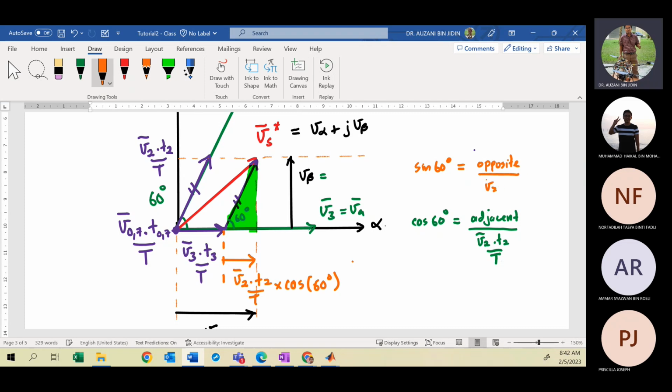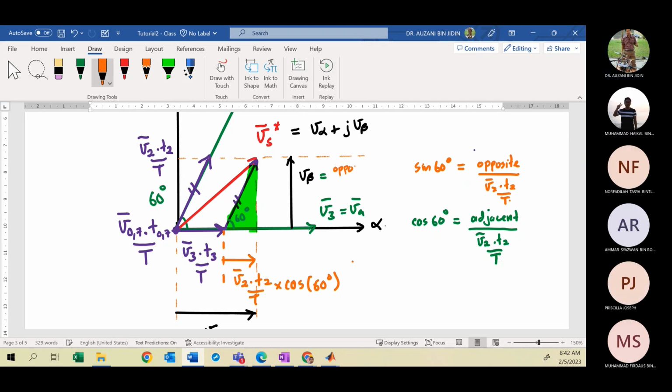So hypotenuse is the same, V2 T2 per T. So your opposite is V beta, which is equal to V2 T2 per T multiplied by sine 60 degrees. Okay, clear? Like this.